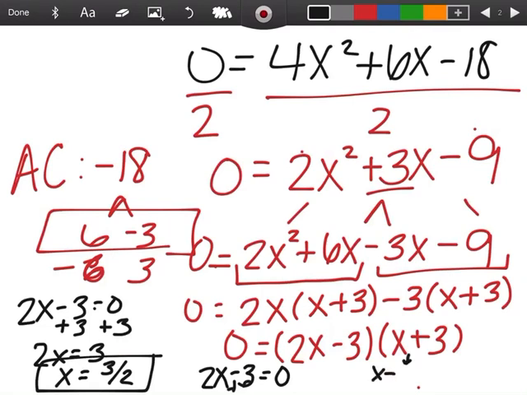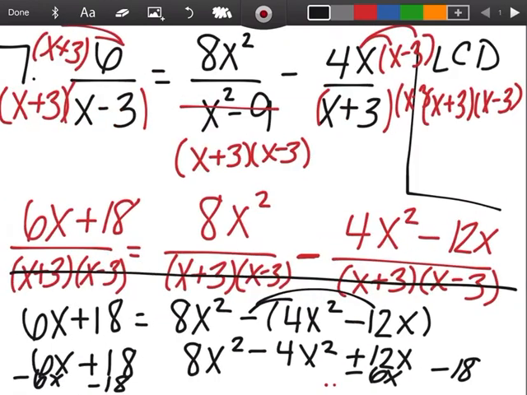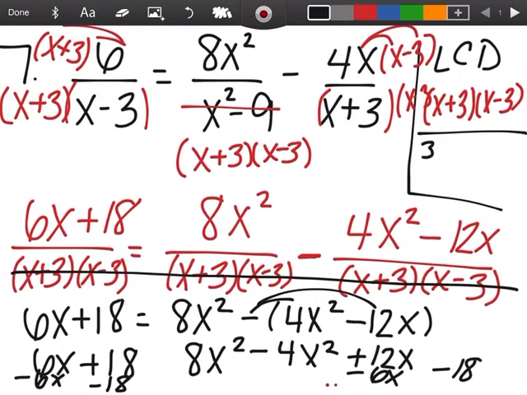And then when does x plus 3 equal 0? It is when x equals negative 3. Now, before I circle this answer, this is something that we have not had to consider thus far. So my final answers are 3 halves and negative 3.